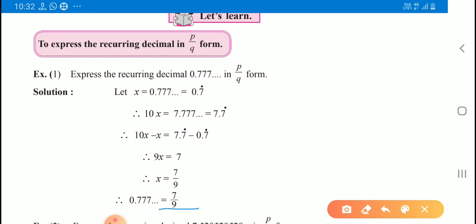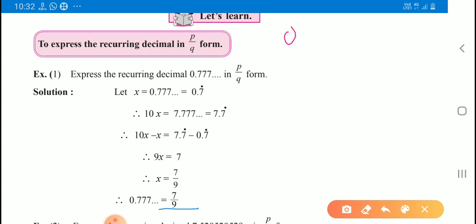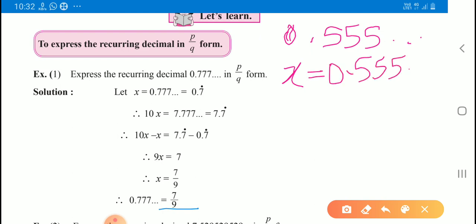Okay. Now we will see one more example. Just in place of 7, I will take the number 0.555 recurring. We have to express this number in the form of P upon Q. Now here we will take x is equal to 0.555 and so on, means 0.5 with a dot on top because 5 is recurring here.